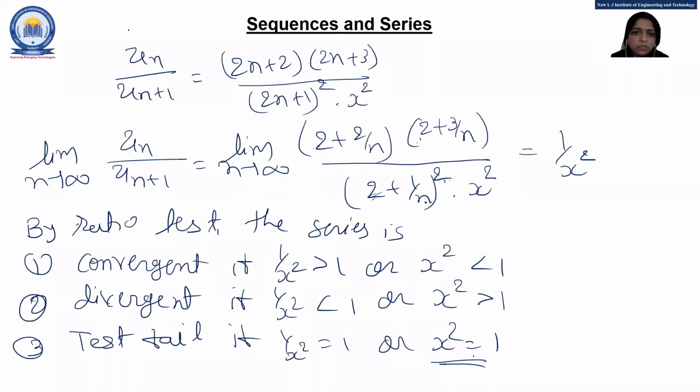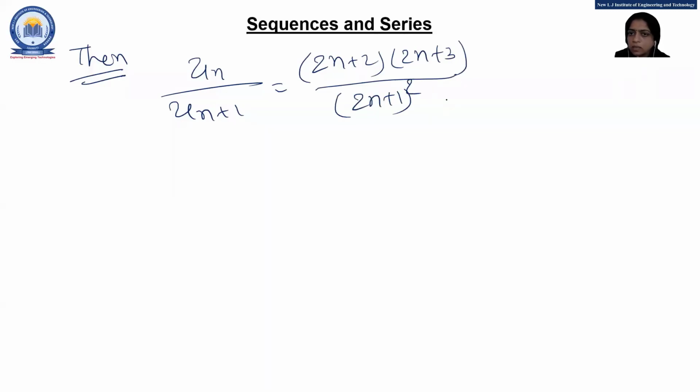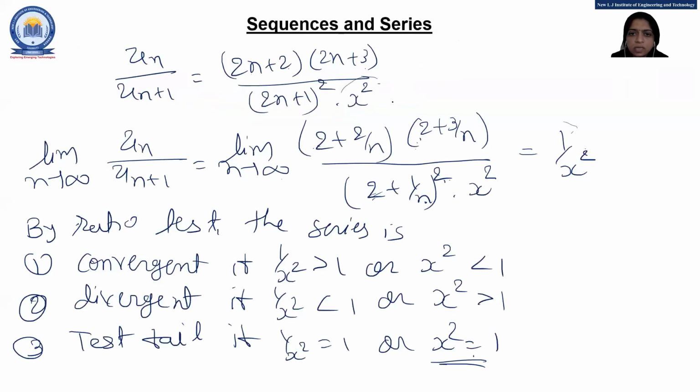If I take x square equal to 1, then the ratio of un and un plus 1 is just (2n plus 2)(2n plus 3) upon (2n plus 1) whole square remaining, right? This x square is 1 now. Okay, the test failed when x square equal to 1. So we are now checking for x square equal to 1.